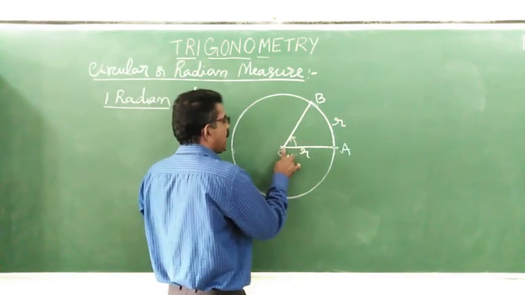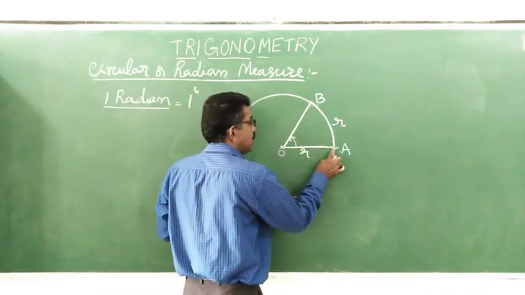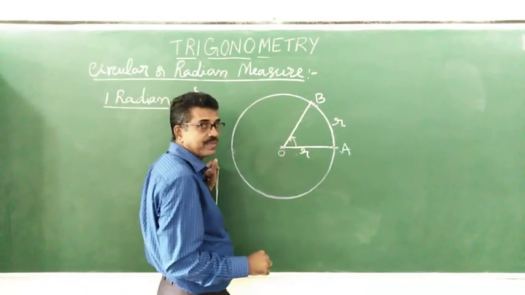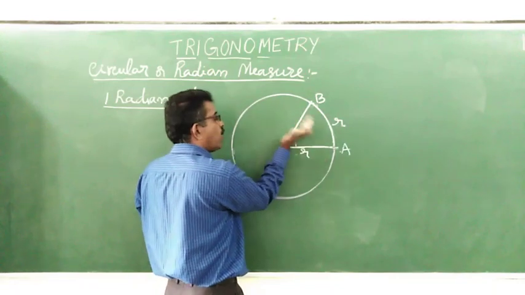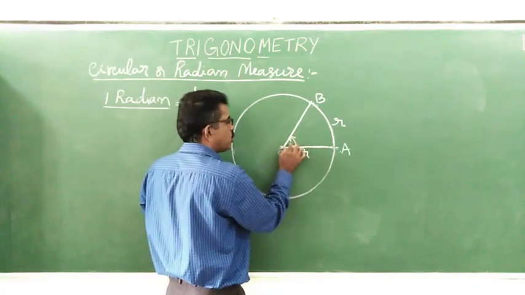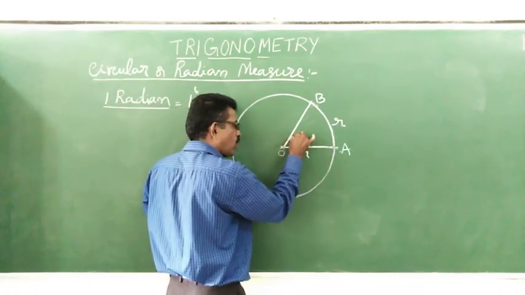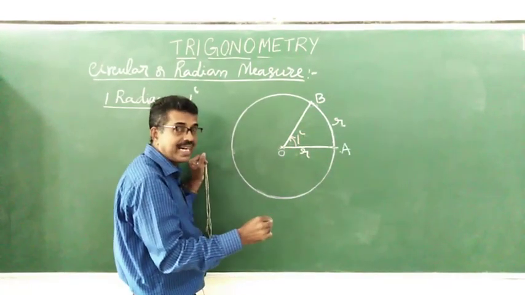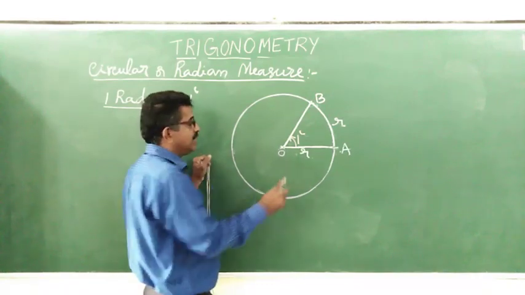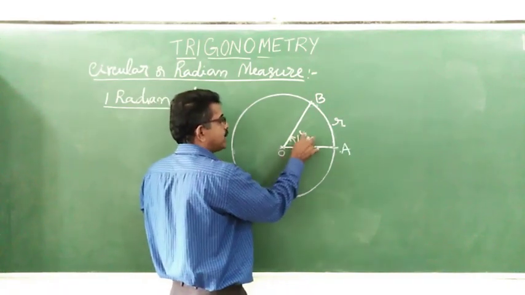This is the angle formed. It is the amount of rotation from OA to OB, how much I have rotated. This amount of rotation is simply called one radian. This angle is totally known as 1 radian.